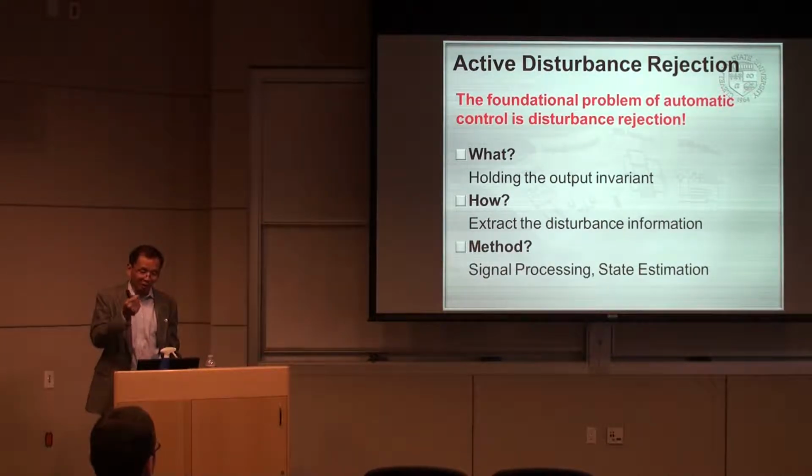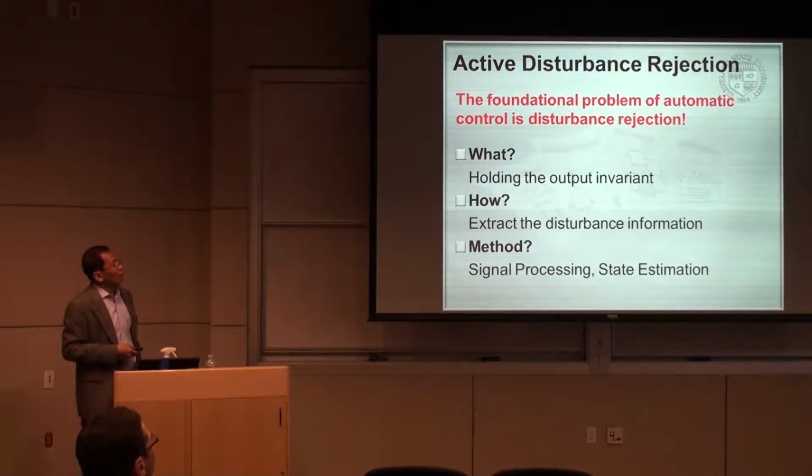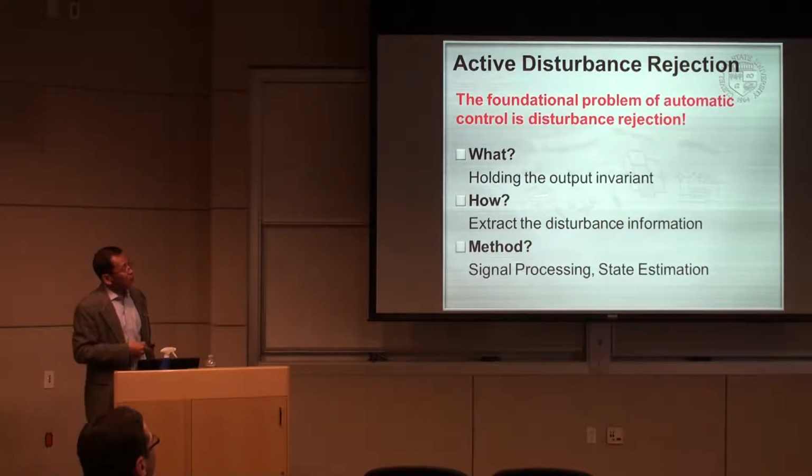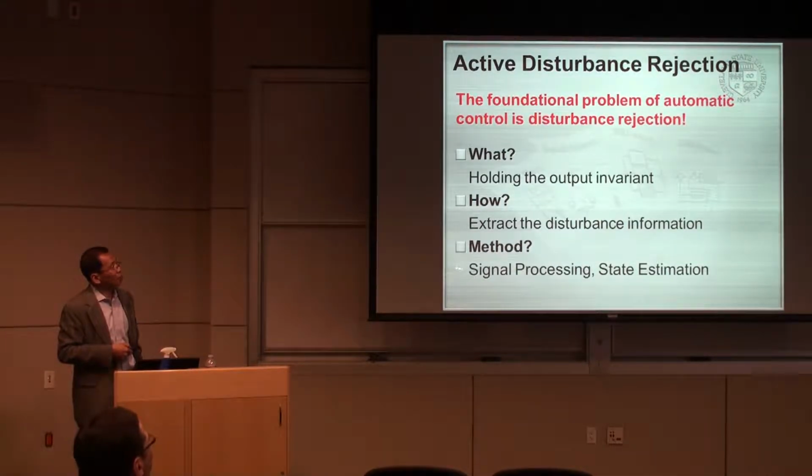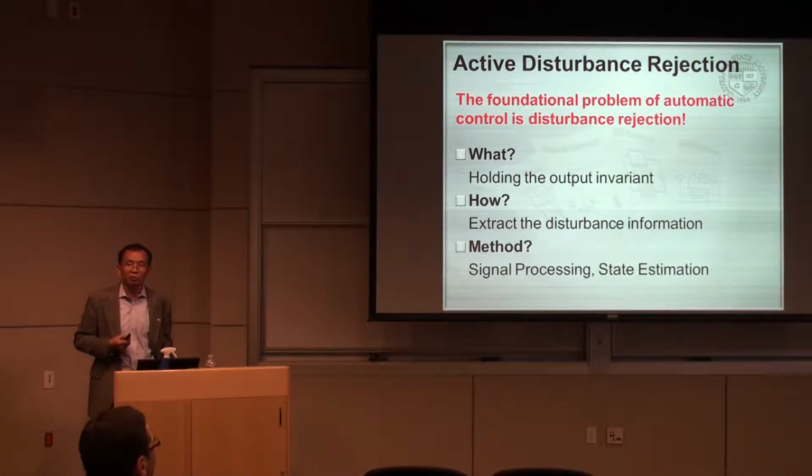This was inherited by Chipanov, and then by Professor Zhiqiang. The objective of control is to hold your output in line, despite all these disturbances and uncertainties. And disturbance here is in a more general sense, not just external disturbance, but also internal variation, plant dynamic uncertainties. Right? And the key is how to extract the disturbance information.